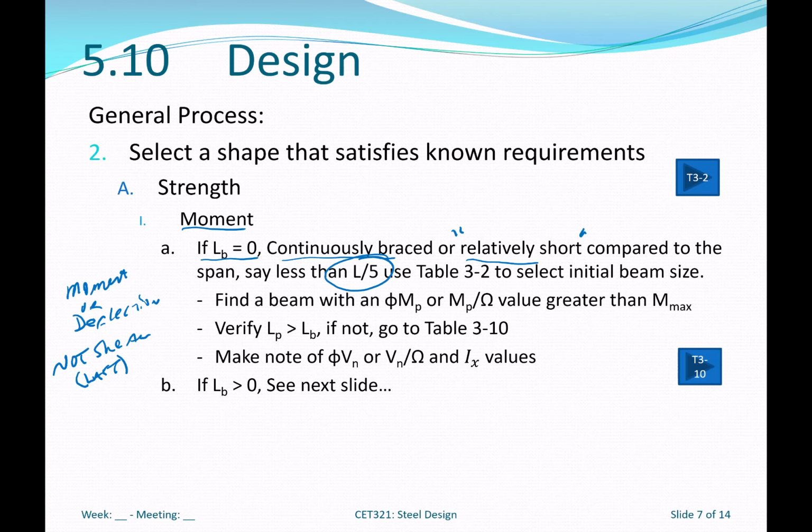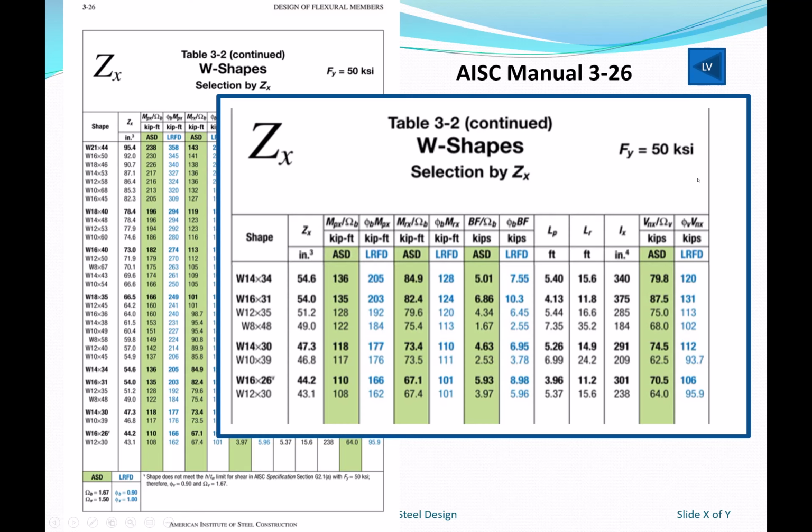And if you have a relatively short unbraced length or an unbraced length of 0, your best friend is table 3-2, because you can select the beam based solely on plastic moment capacity, whether you're using LRFD or ASD. Based on that, you can look in the moment column, here or here, and you pick your beam.